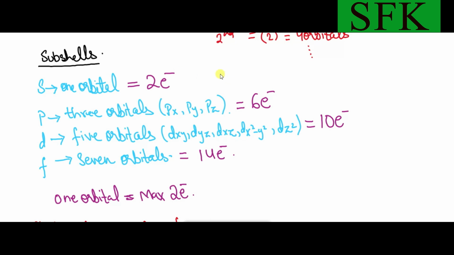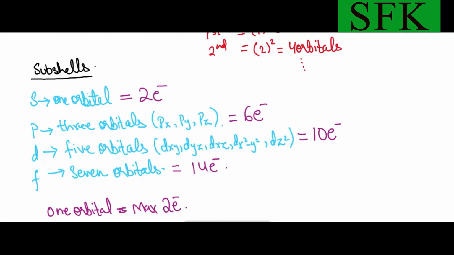And one more thing. Each orbital can at a time have a maximum of two electrons only. So an orbital can contain a maximum of two electrons only.